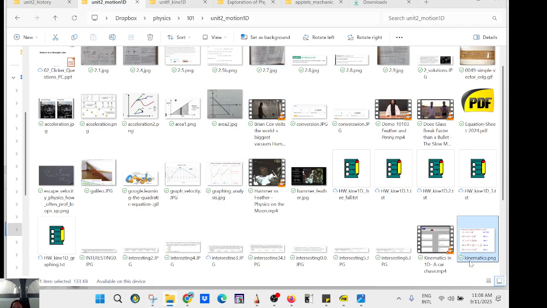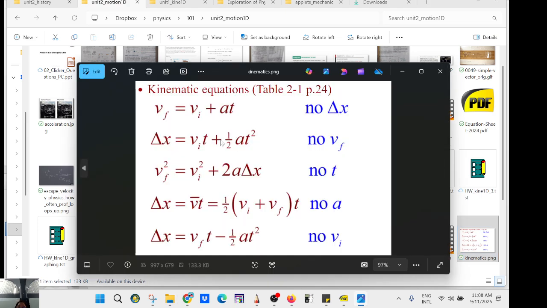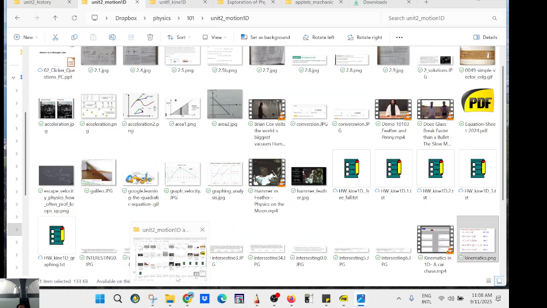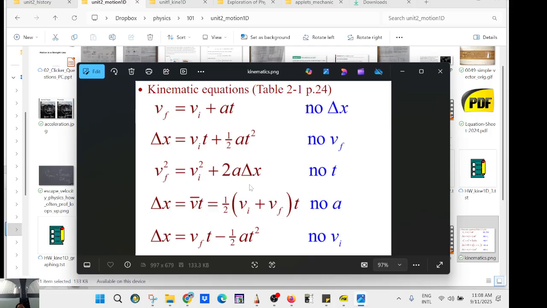Oh, the fourth equation. So remember, don't forget your kinematic equations, right? So this one has time, this one has time. This one does not have time. It's a very useful equation. It has to do with conservation of energy.